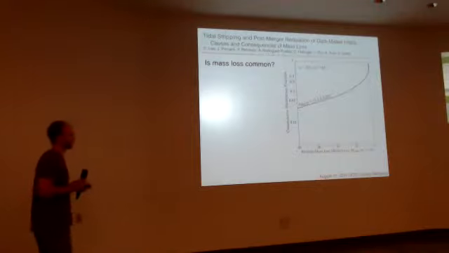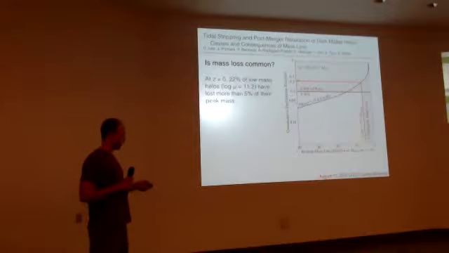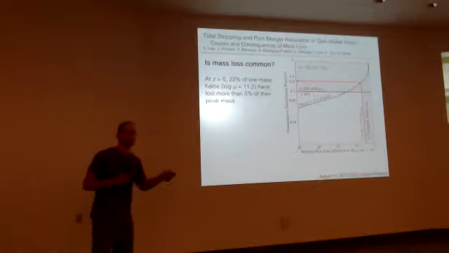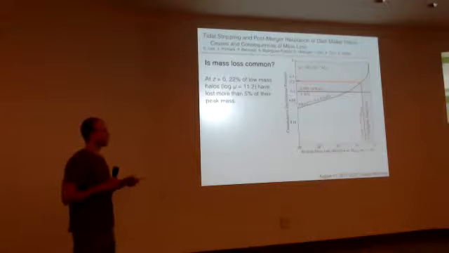For halos that are again mass 10^11.2, we see that about 22% of these halos have lost more than 5% of their mass. So 22% of all halos of mass 10^11.2 have lost more than 5% of their mass. So that's a lot of halos in our simulation.